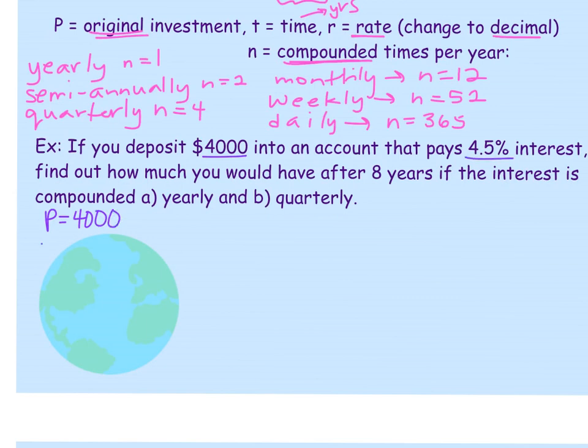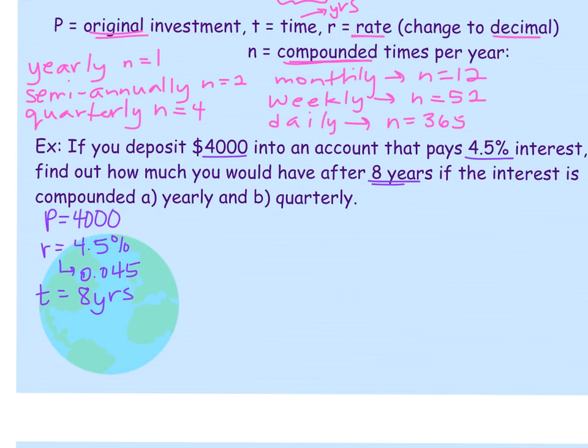That's the R value. And if it's 4.5%, that means R is going to actually equal 0.045. We have to move it 2 places to the left. Now it says after 8 years, and time is always labeled in years, so that's the T value.